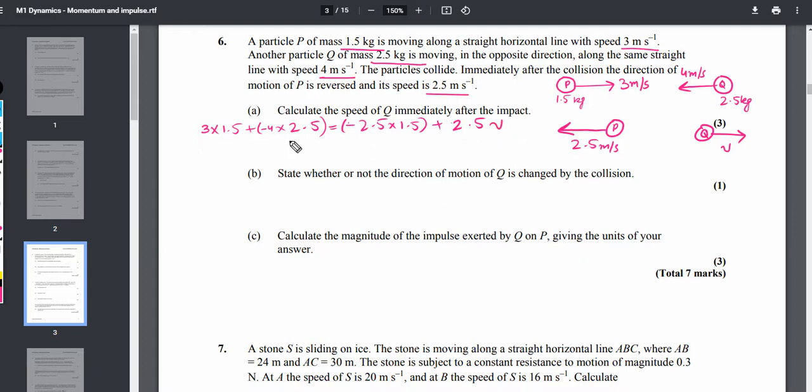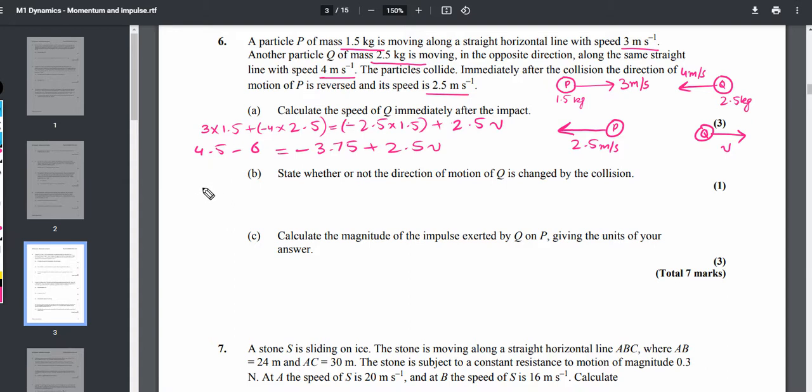Now I have to work out the value of v, so I'll do some maths to work it out. So 3 times 1.5 will be 4.5 minus 4 times 2.5 is 6 equals to, now -2.5 times 1.5, -3.75 plus 2.5 v.